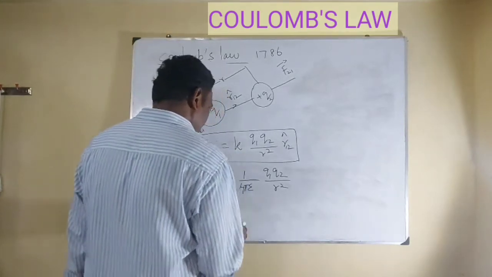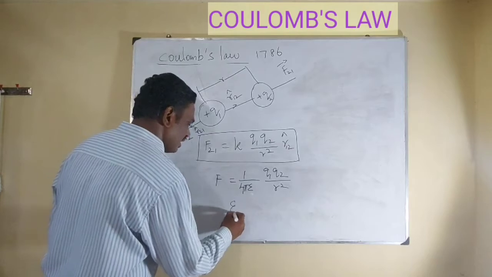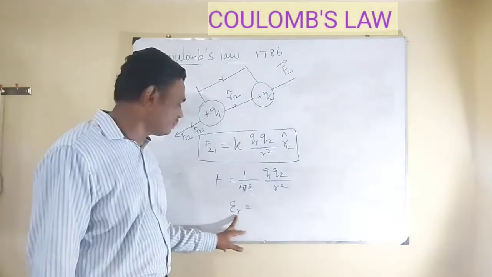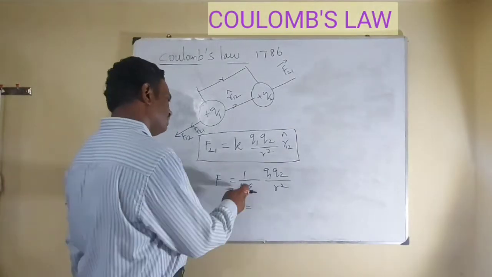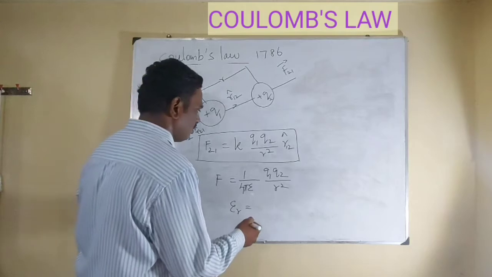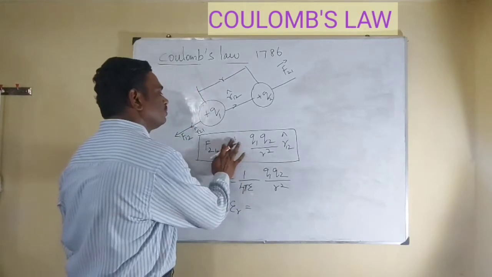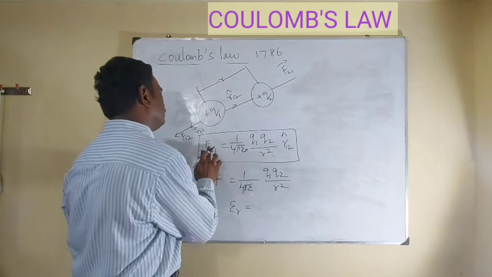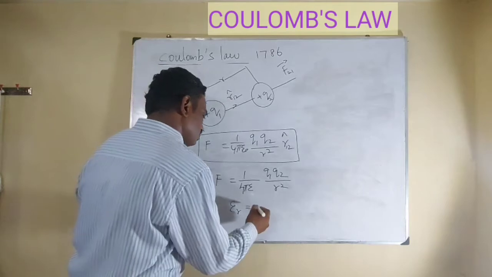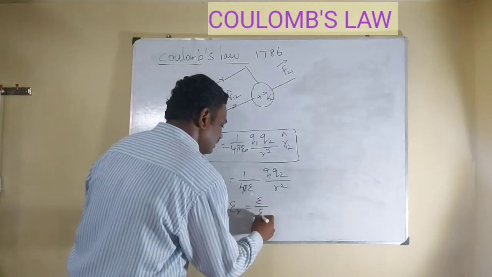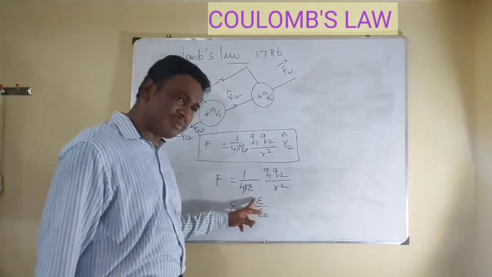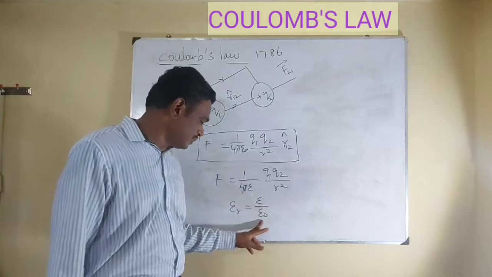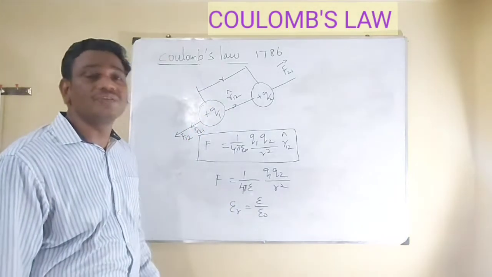Here we can write another quantity, that is epsilon r, where epsilon r is the relative permittivity. So when you divide these two equations, where the k value is 1 by 4 pi epsilon naught, you get epsilon by epsilon naught, where epsilon is the permittivity of the medium, epsilon naught is the permittivity of free space, and epsilon r is the relative permittivity.